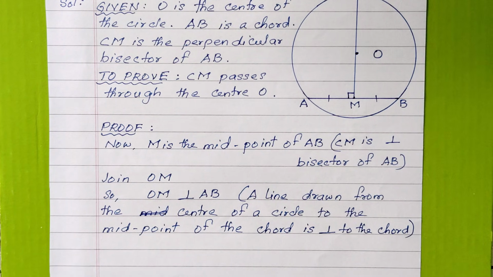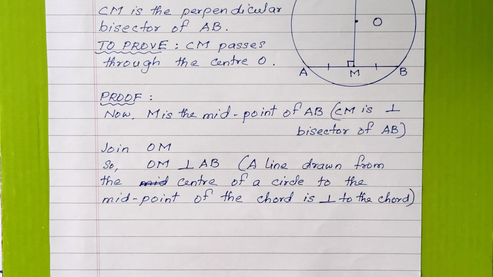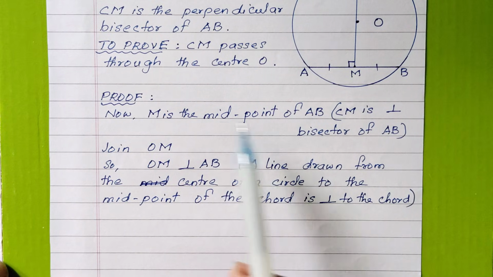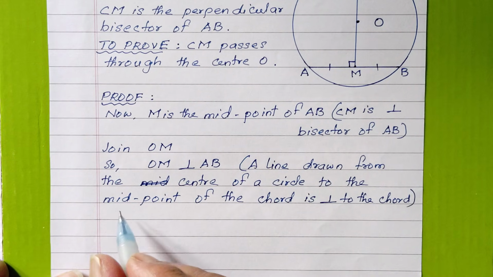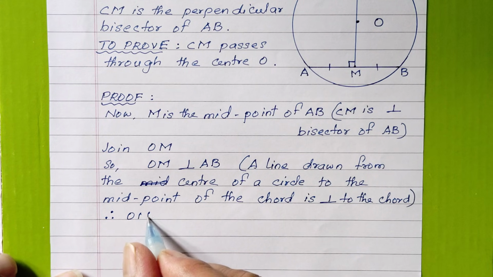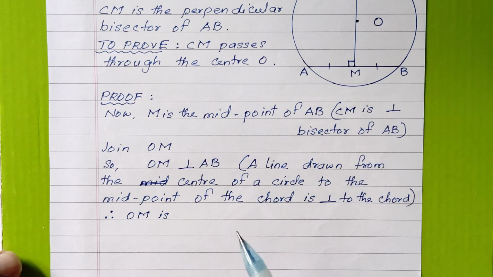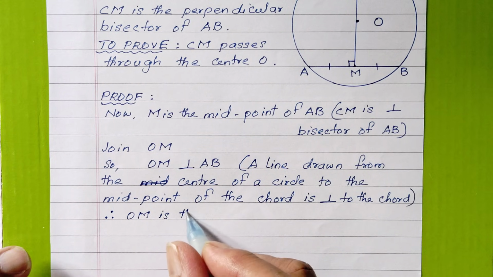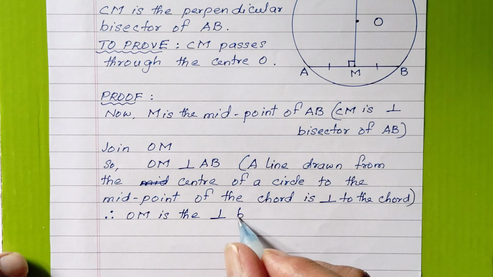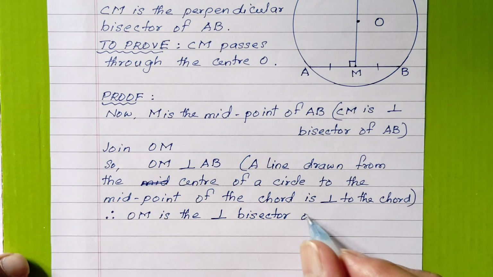So now we have shown that OM is perpendicular to AB and M is the midpoint of AB. Therefore, OM is the perpendicular bisector of AB.